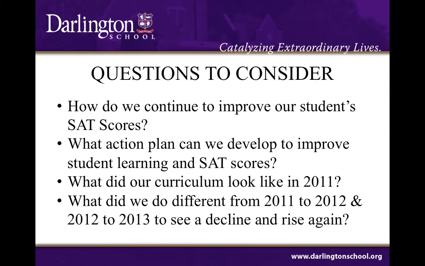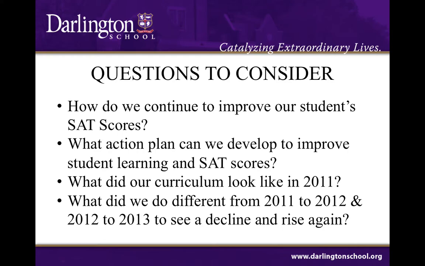Now, our questions to consider is, how do we continue to improve our students' SAT scores? What action plan can we develop to improve student learning and our SAT scores? And then some things that we may want to look at, and even get into even more data, is what did our curriculum look like in 2011?